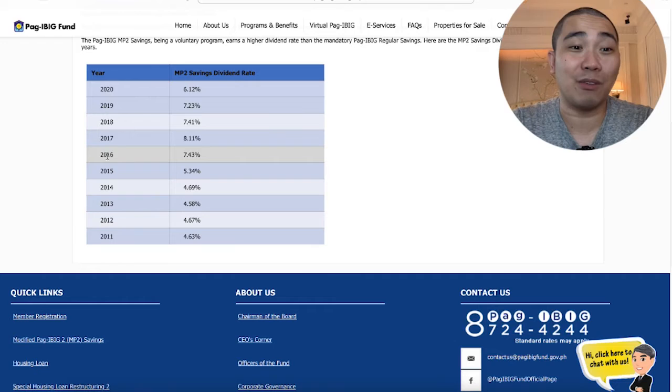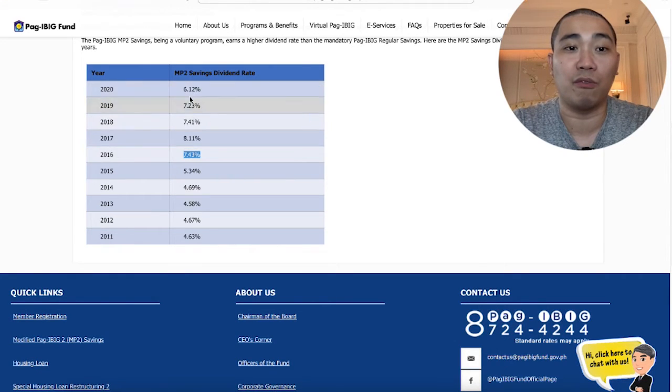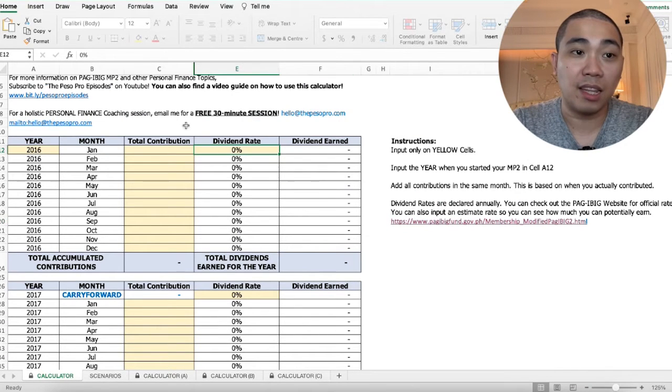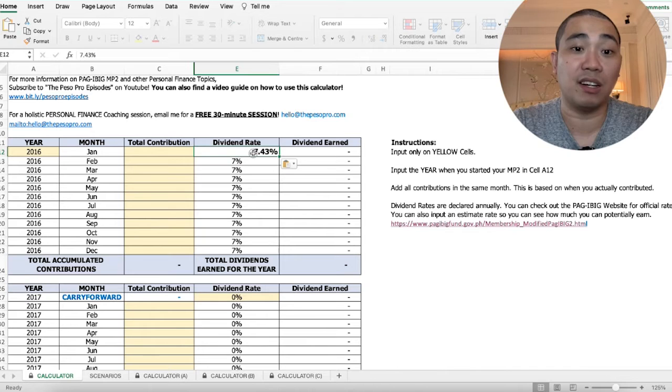Since 5 years lang yung term, we start with 2016 until 2020. So, itong 7.43 and so on and so forth. What you will just need to do is itong 7.43, you copy and you paste dito sa dividend rate. That's it. So, meaning ngayon, meron na kayong dividend rate for year 1.